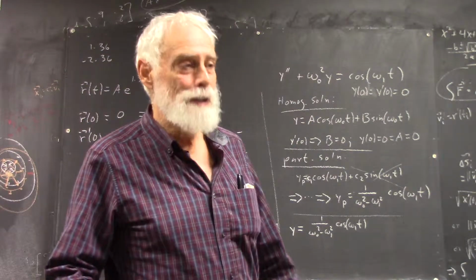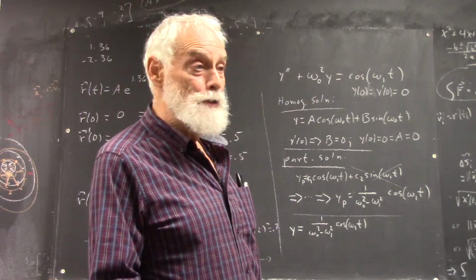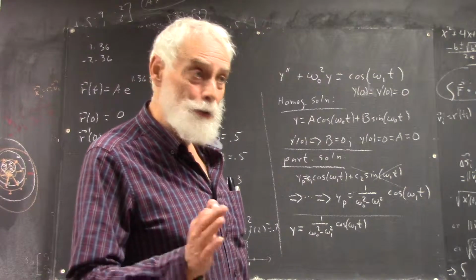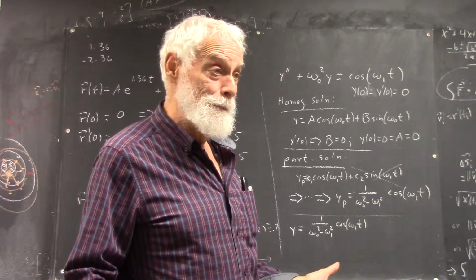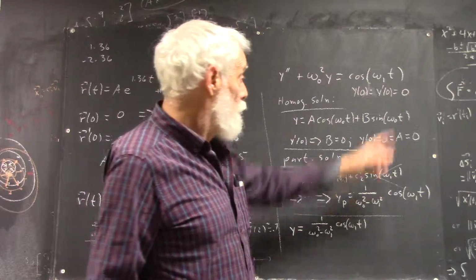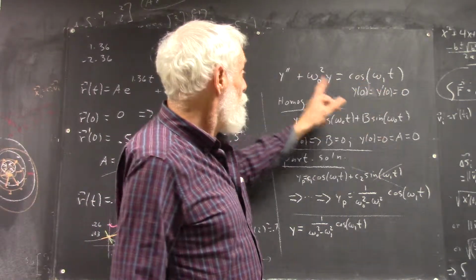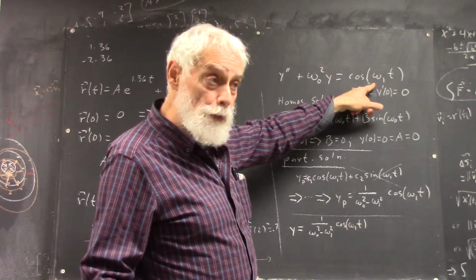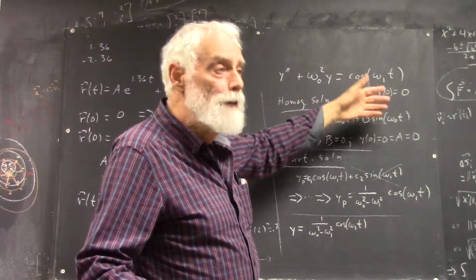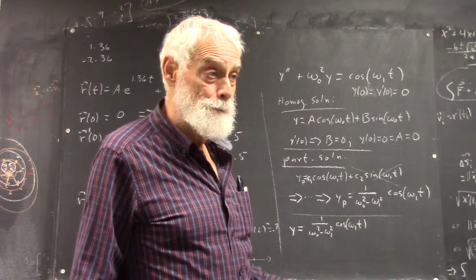You're not giving the kid any velocity to start with, and he's at equilibrium. He's not going anywhere unless something happens, right? Well, here's your pulsing push. Omega naught is the natural frequency of this pendulum. Omega 1 is the angular frequency of your push.